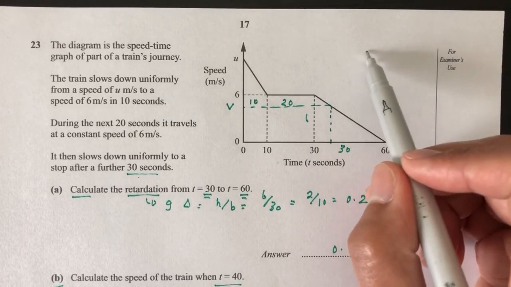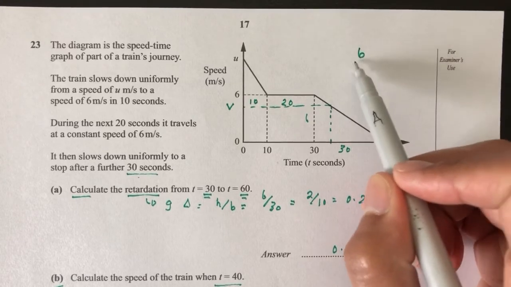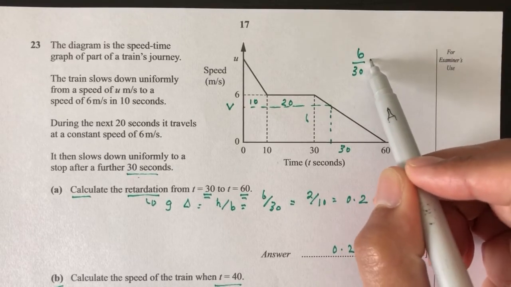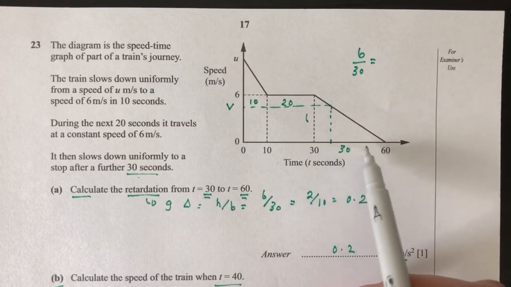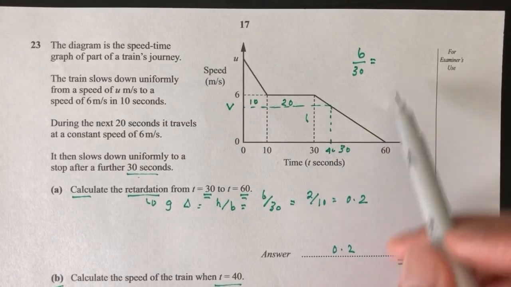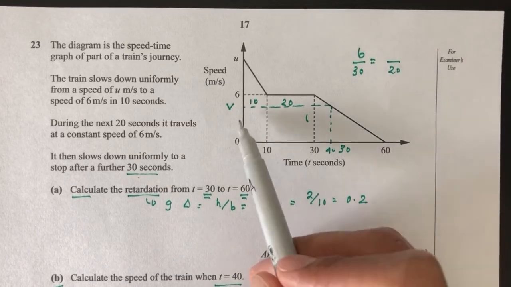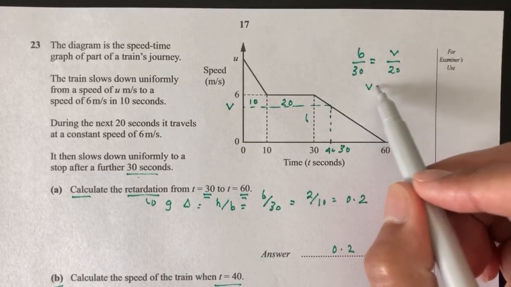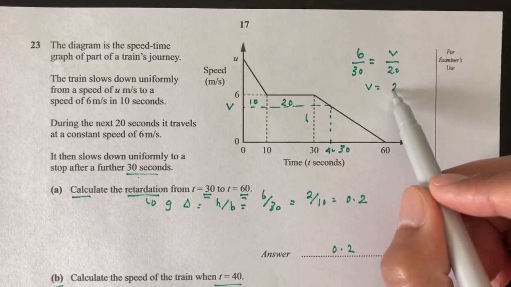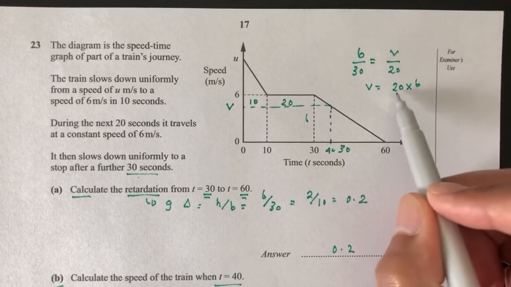So we say height of 6, base of 30 is equal to, for the small triangle, the base will be 20, and the height will be v. Find the value of v. V will be, we bring this here, 20 times 6 divided by 30.